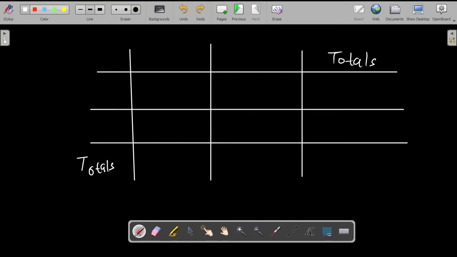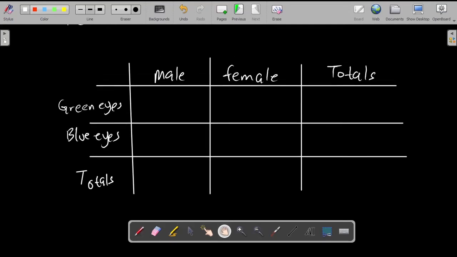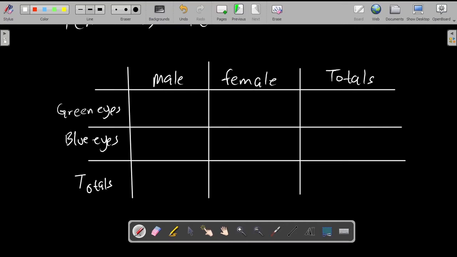So now in this example we have male, female, then green eyes, and over here we have blue eyes. So the problem statement says a group of 540 people.